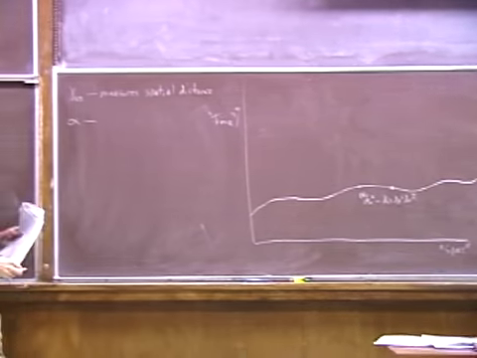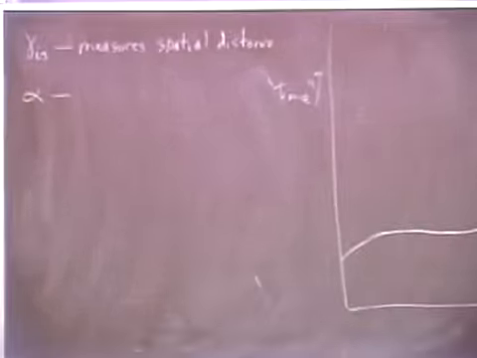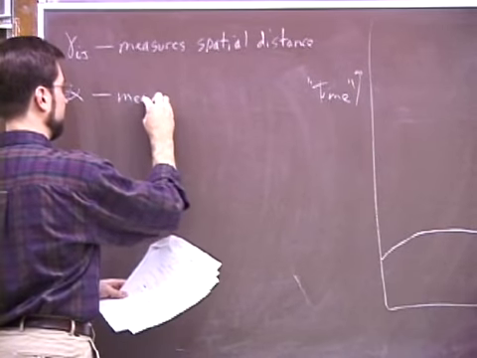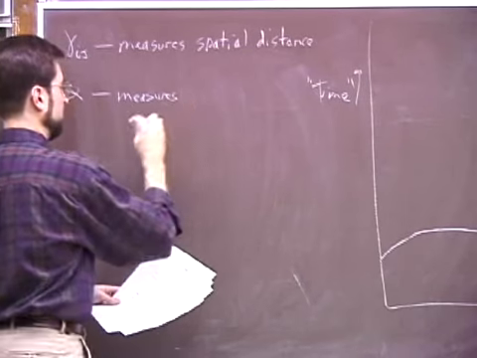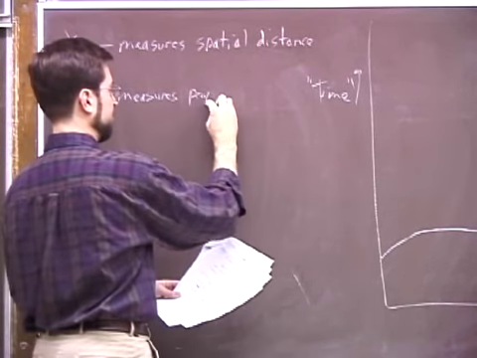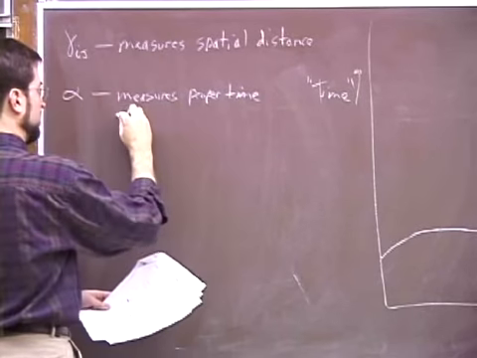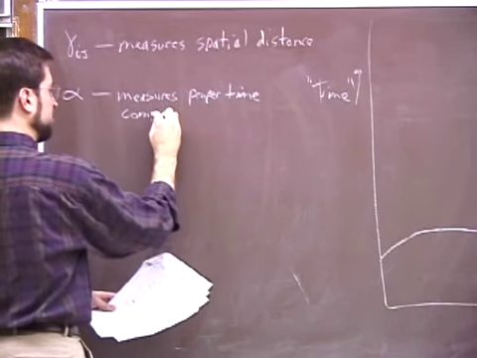So now let's go to the lapse function. What does that mean? What this does, this measures proper time compared to coordinate time.